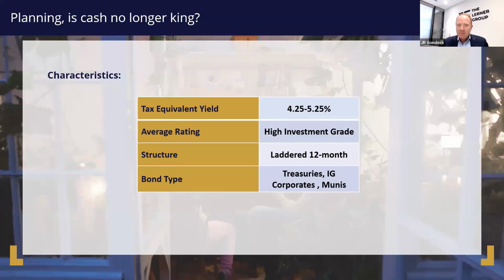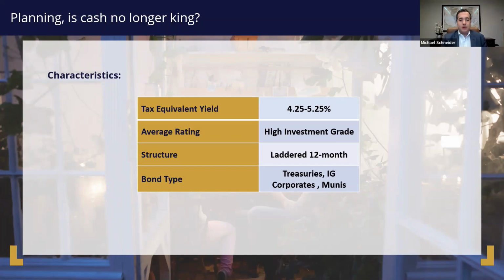As we're talking to many of you, a lot of people are sitting on more than normal amounts of cash. What we've started doing, or what we have done for some clients, is have this cash management strategy where the idea is to have a rolling laddered portfolio of bonds, either looking at treasuries, munis, or corporates, and look for that best or highest tax equivalent yield.